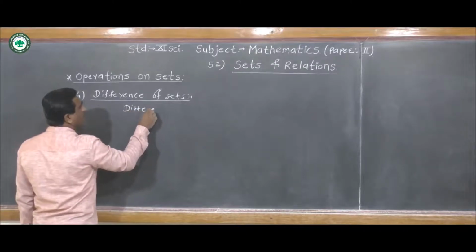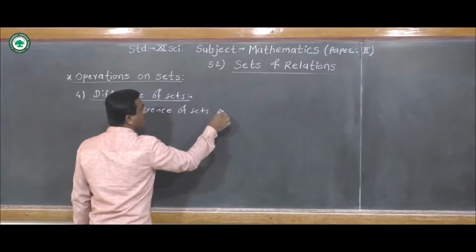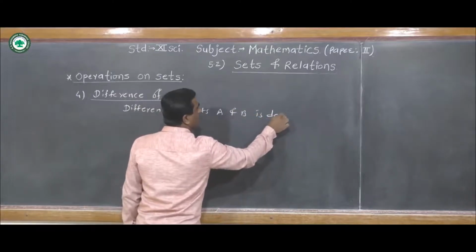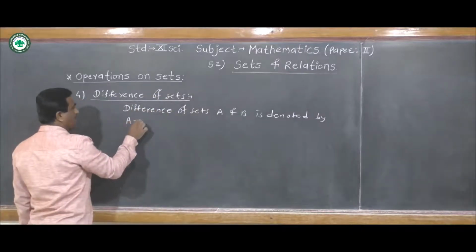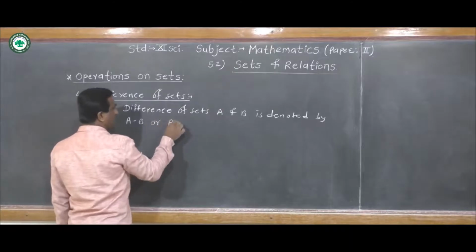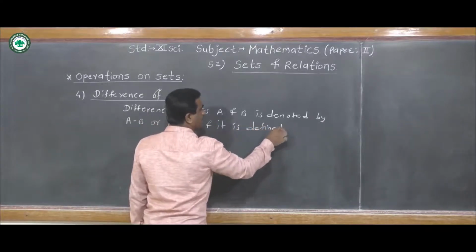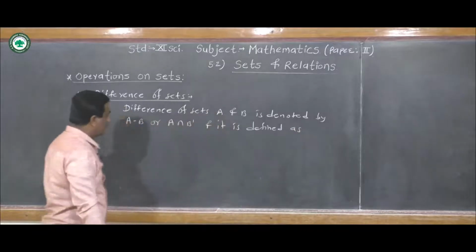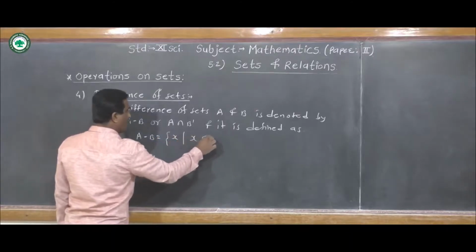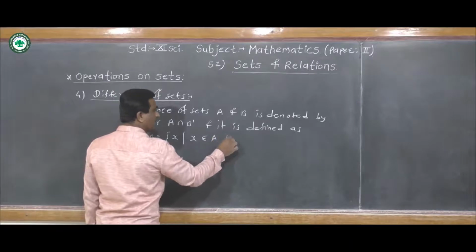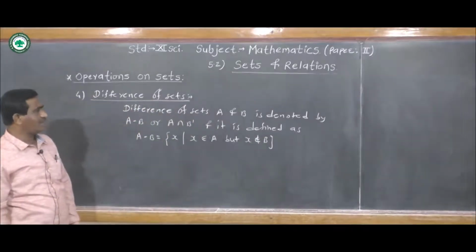The difference of sets A and B is denoted by A minus B or A intersection B dash, and it is defined as A minus B is equal to {x such that x belongs to A but x does not belong to set B}. This is called the difference of sets A and B.